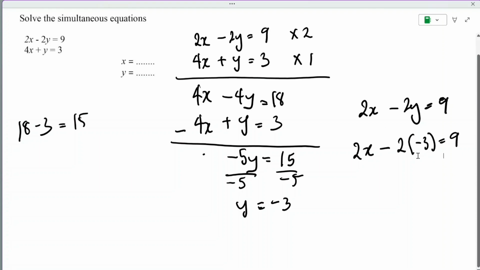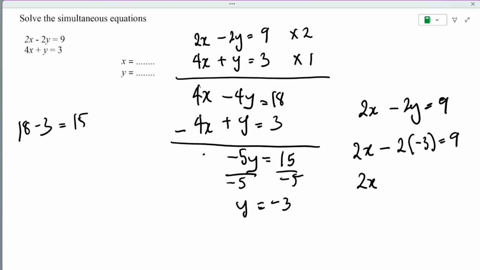Y is minus 3 and y is linked to this minus 2 by times. You have to be very careful here because of the negative. Some students will get it wrong just because they are not careful with this negative sign. That's the second technicality in this question, or in simultaneous equations, particularly when it comes to having negatives. You have to be careful here.